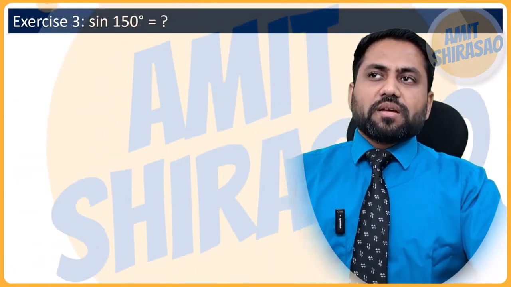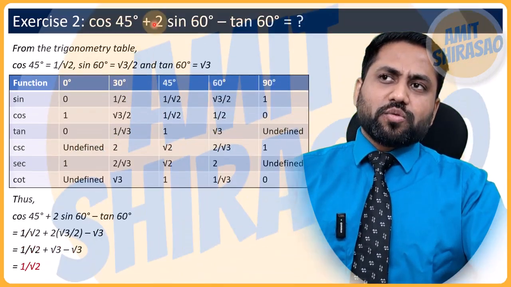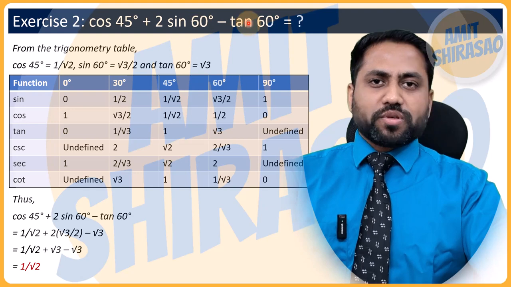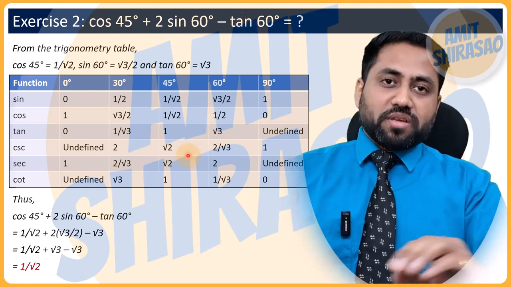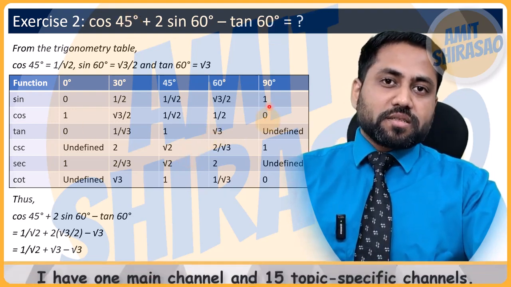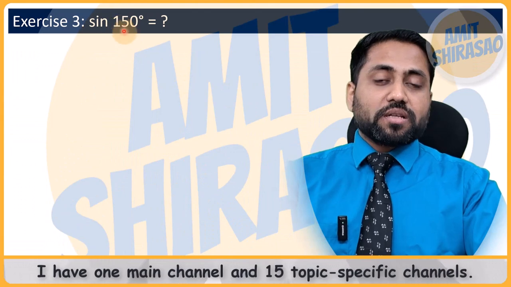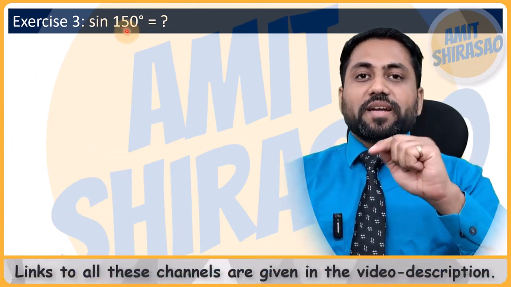Exercise number 3. Now let us say that you don't get standard angles. Here you got standard angles, so it was easy for you to calculate because you already had this table drawn. Even before the exam starts, you will draw this table. For standard angles it is easy, but for this kind of angles, what will you do? You try to break this angle into some standard angles.